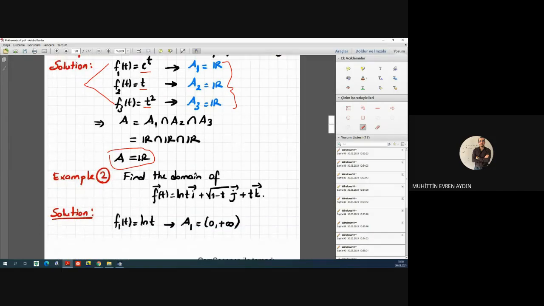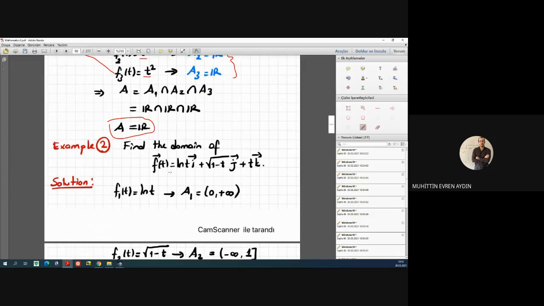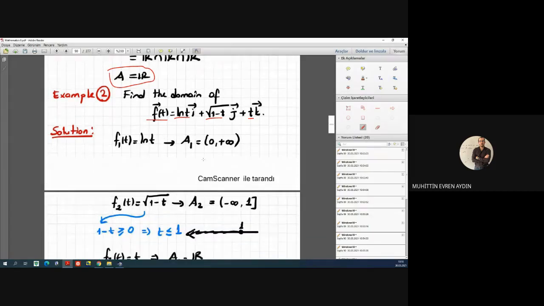Let's find the domain of this vector valued function, whose components are logarithm t, square root of 1 minus t, and t. For logarithm, clearly the domain is the positive real numbers.